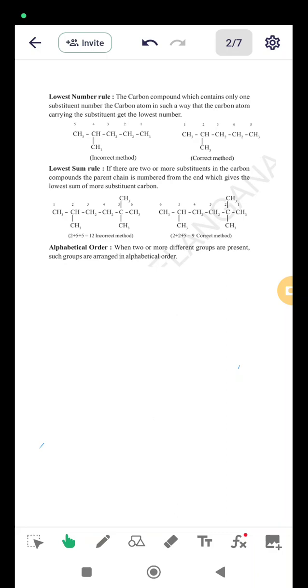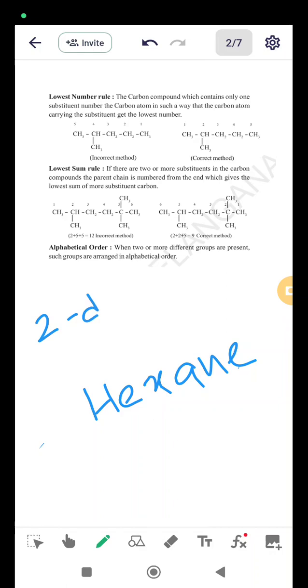So what will it become? See, on the second carbon, 2 methyl groups are there, and on the fifth carbon there is 1 methyl group. So we have to write, first of all, hexane, because there are 6 carbons and all single bonds, so hexane.